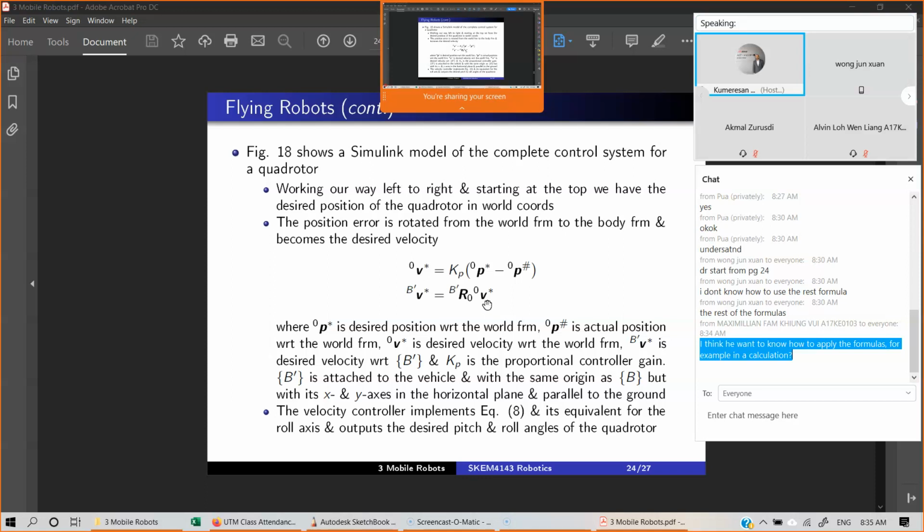So this is desired velocity in world coordinate frame, correct? So this is a rotation matrix. This rotation matrix maps from world coordinate frame to B prime coordinate frame. So this one is the desired velocity in B prime coordinate frame.